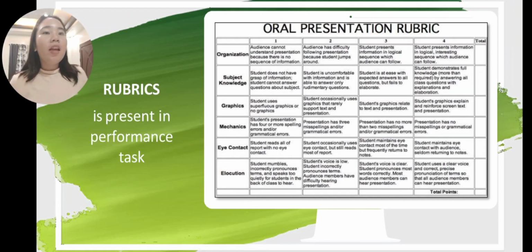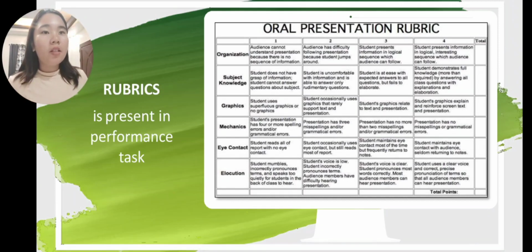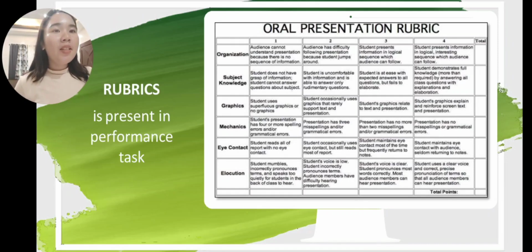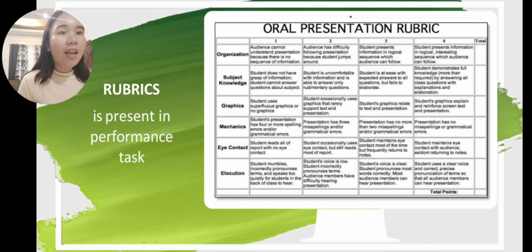Number two, audience has difficulty following presentation because student jumps around. Number three, student presents information in logical sequence which audience can follow. Number four, student presents information in logical, interesting sequence which audience can follow.